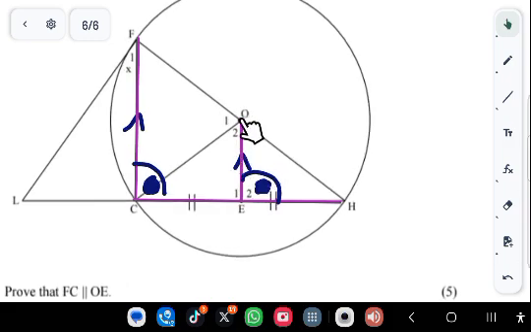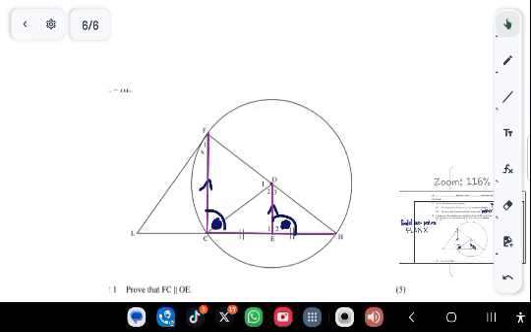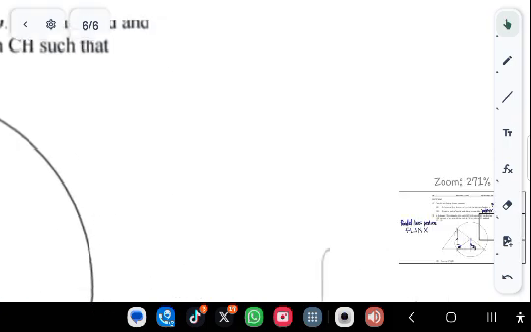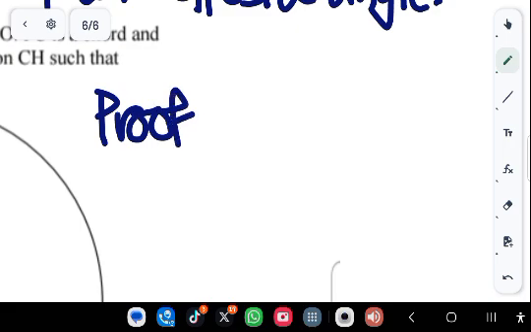All right, notice that angle OEH is equal to 90 degrees. Reason? Here is the proof.